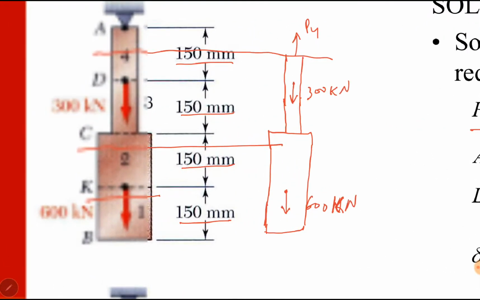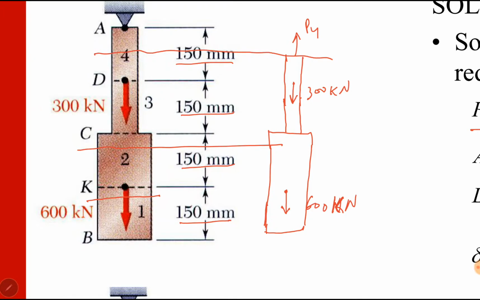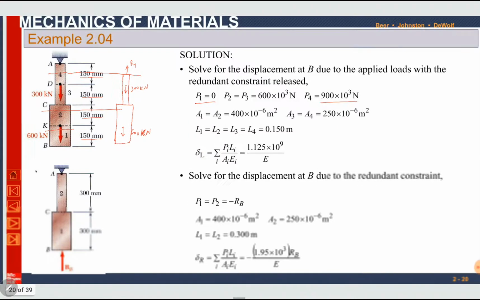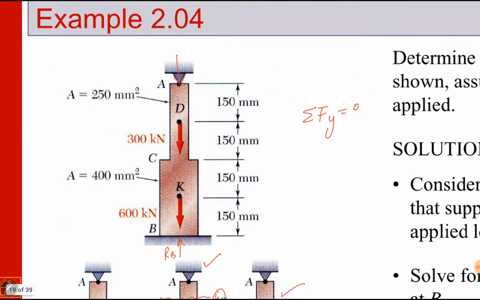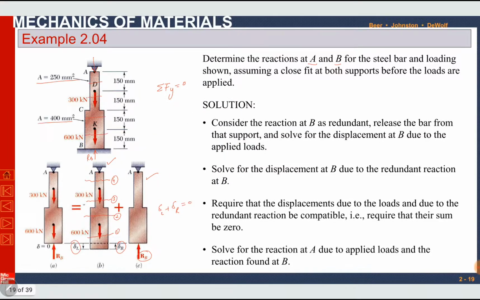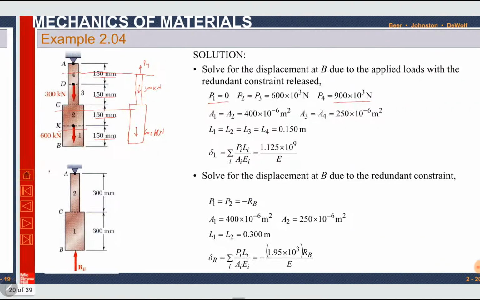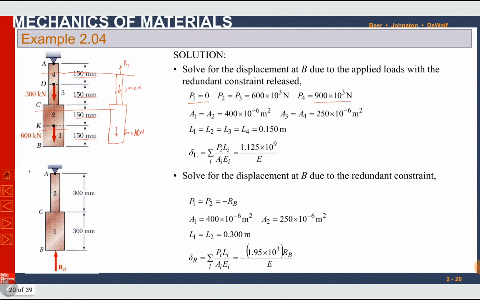Section 1 and section 2 have similar cross-section areas, and section 3 and section 4 have the same cross-section areas. Areas are given: for section 1 and section 2 it is 400 millimeter square, and for section 3 and section 4 it is 250 millimeter square. E must be the same for all the sections, it is not given, so we will mention it as E, a general value.